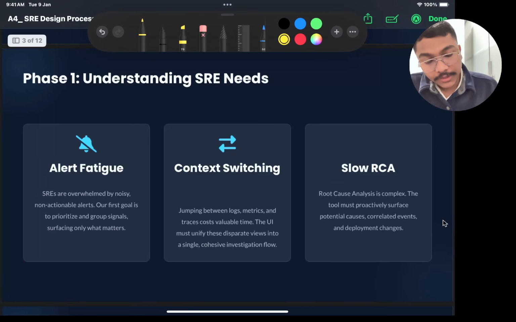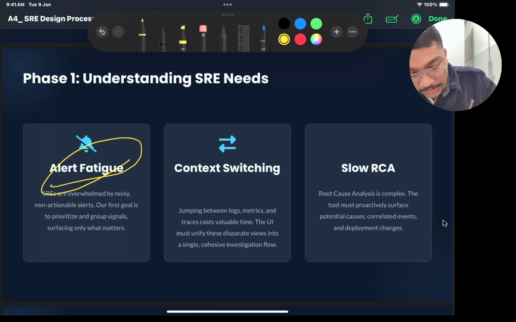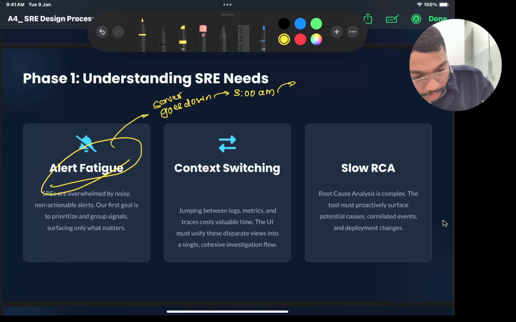Now let's understand the needs of the SRE. What does an SRE need? First of all, alert fatigue. What is alert fatigue? Suppose your server goes down, and it's 3 a.m. The production engineer, or SRE, kicks in and tries to resolve it.